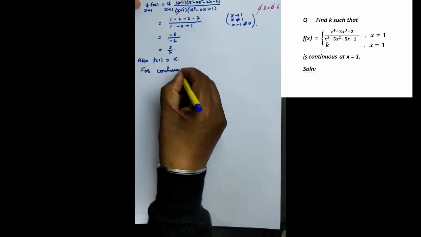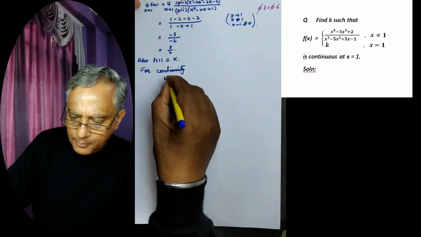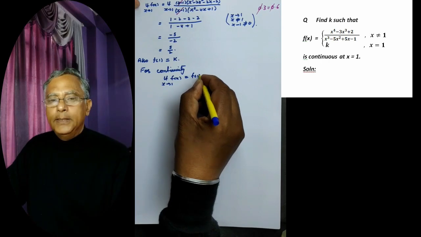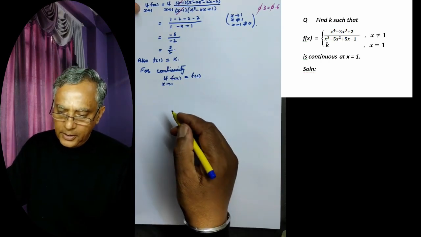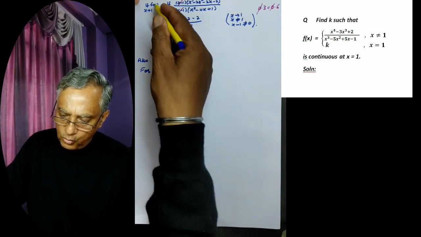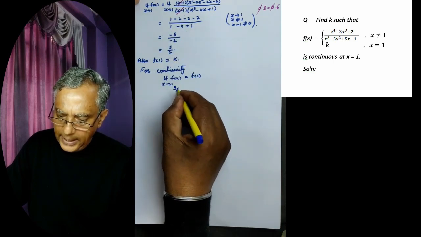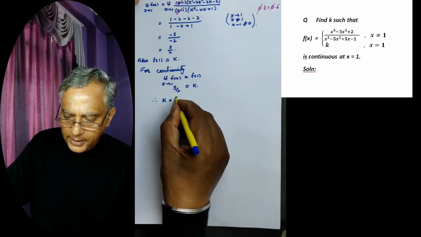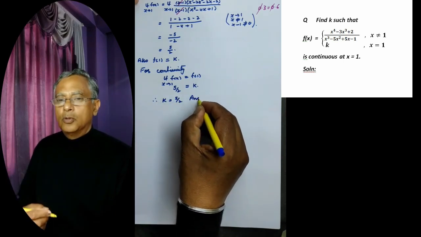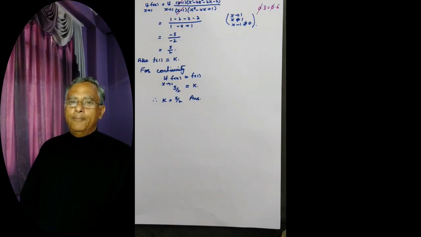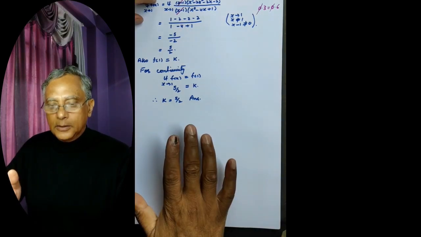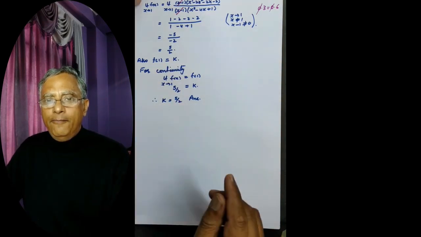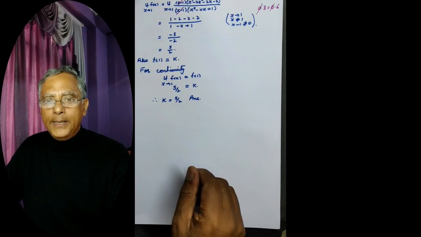For continuity, the limit as x approaches 1 of f(x) must be equal to f of 1. This is the condition for continuity. And this is 5 by 2 and f of 1 is k. Therefore, k is equal to 5 by 2. Answer: the value of k is 5 by 2. In this question and the previous one, we are using factorization as a method to find the limit.